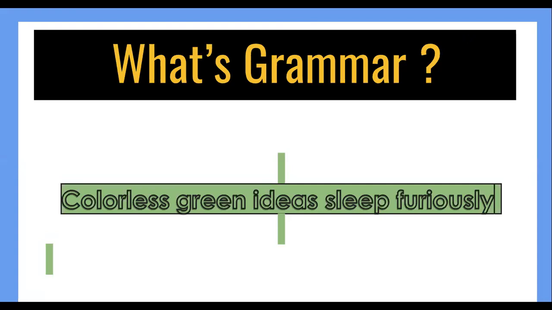Grammar includes form and meaning, or what we call usage. So this sentence is correct. It has a subject, it has a verb, but it doesn't give a complete meaning or a complete thought. Although its form is grammatically perfect, it has no correct meaning.